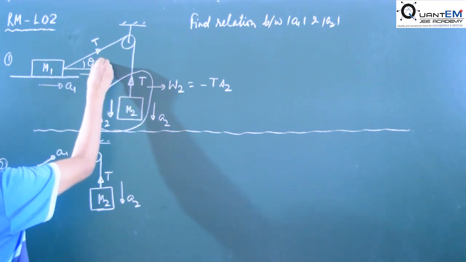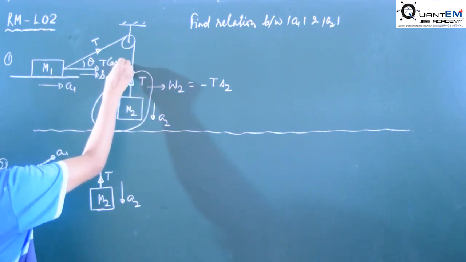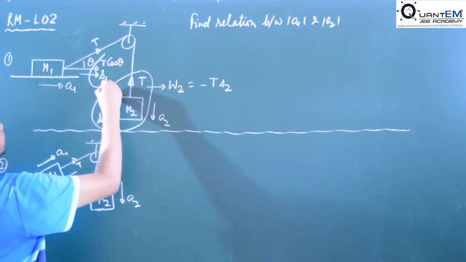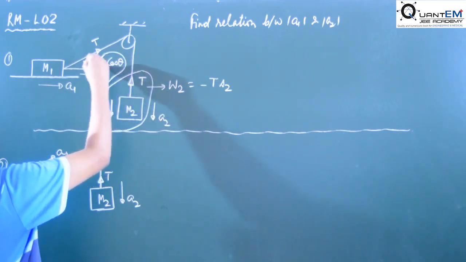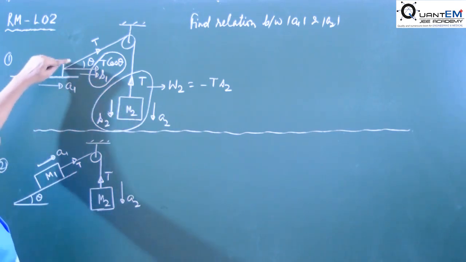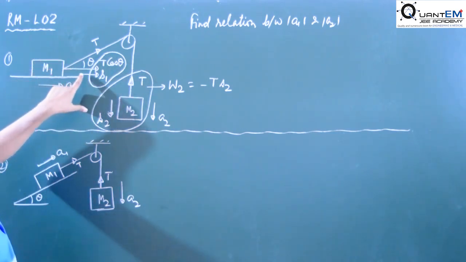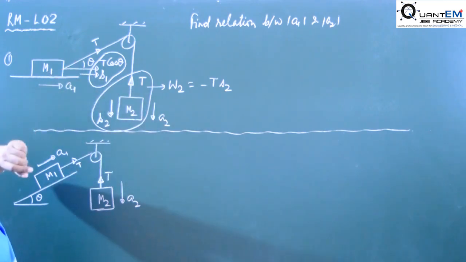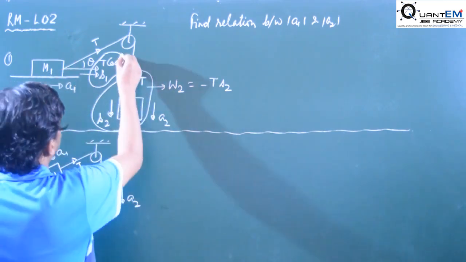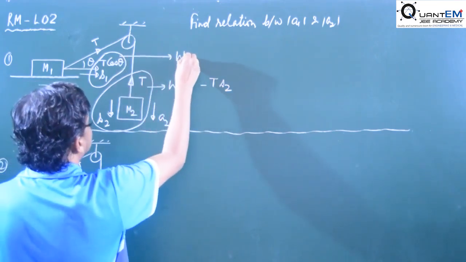The component of tension is T cos theta, in the direction of s1. Or you may use force dot displacement. The force is T and displacement is s1, and the angle between them is theta. So work done here will be T s1 cos theta.